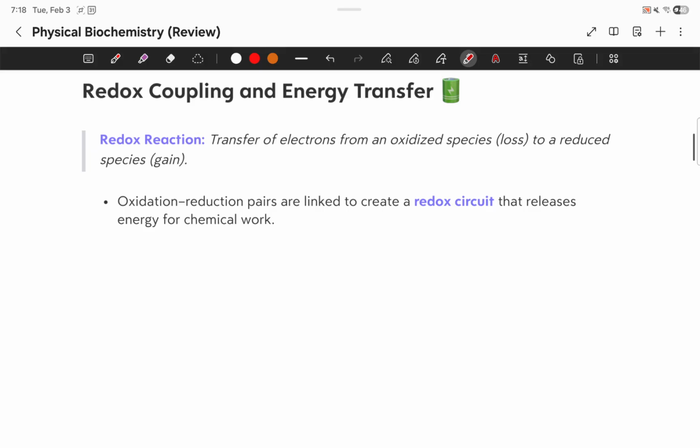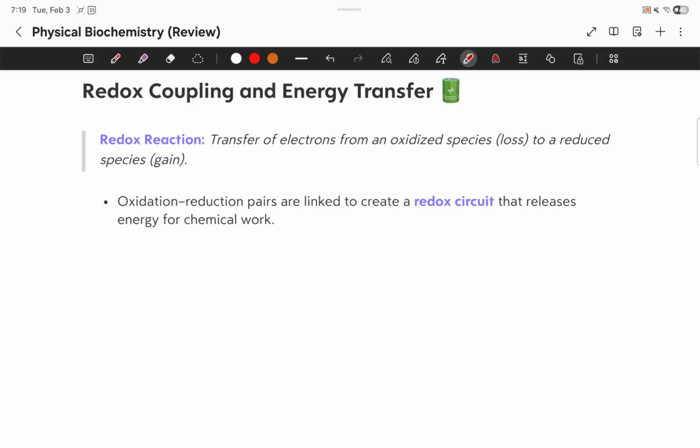Okay, now talking about redox coupling and energy transfer. Redox reactions are basically the transfer of electrons from an oxidized species, meaning loss, to a reduced species, meaning gain.